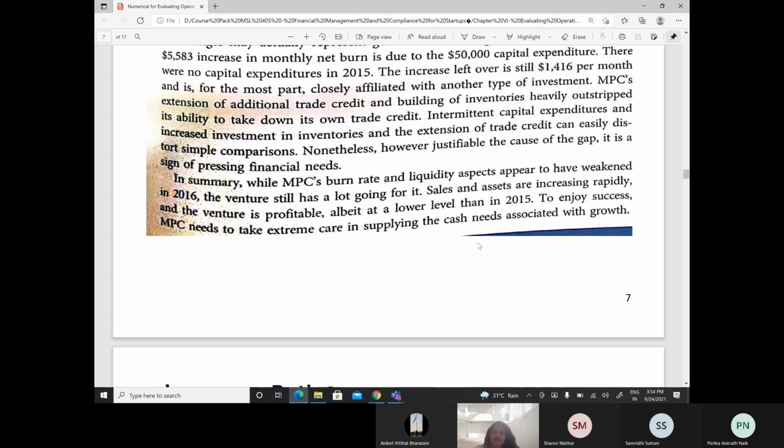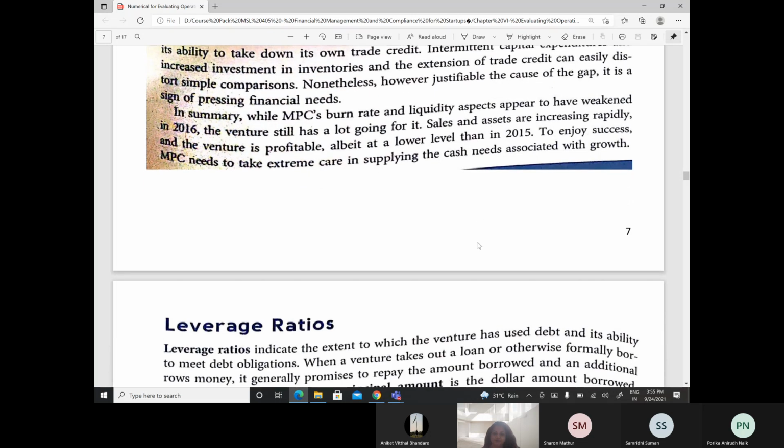In summary, while MPC's burn rate and liquidity aspects appear to have weakened in 2016, the venture still has a lot going for it. Sales and assets are increasing rapidly and the venture is profitable, albeit at a lower level than in 2015. To enjoy success, MPC needs to take extreme care in supplying the cash needs associated with growth.